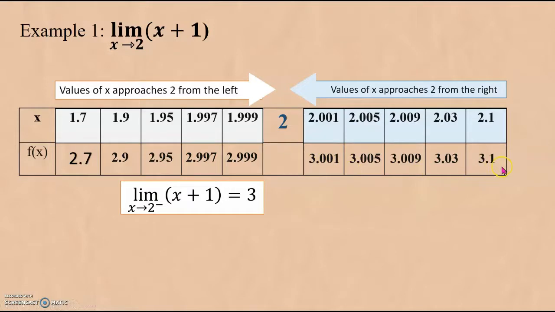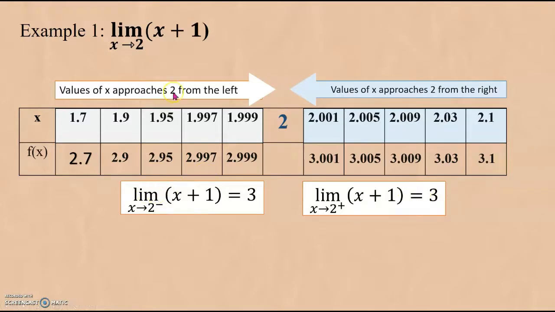We can also say that as x approaches 2 from the right, the values of f of x are also approaching 3. In this case, we can say that the limit of x plus 1 as x approaches 2 from the right, take note that we use a positive exponent, is equal to 3.